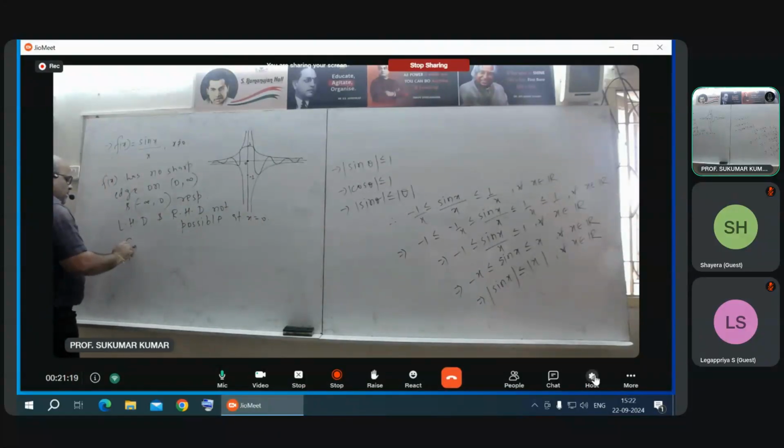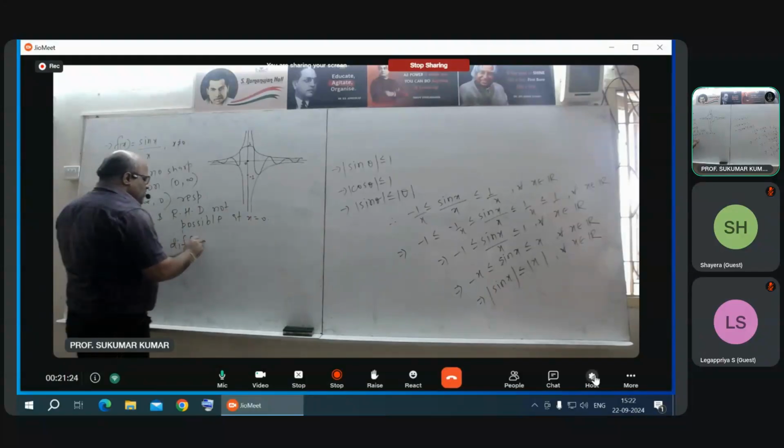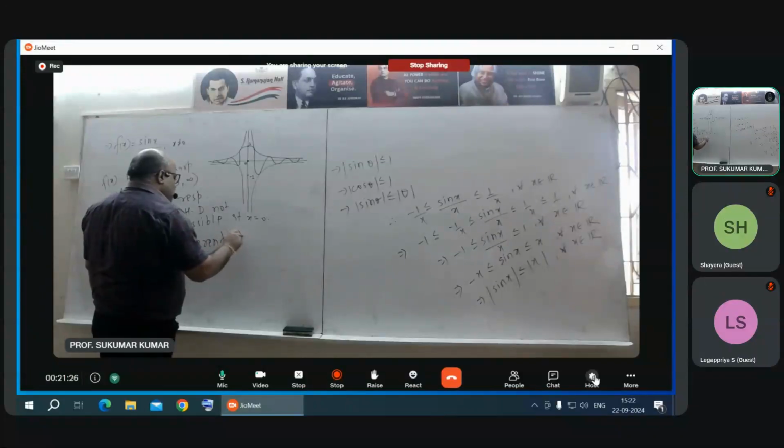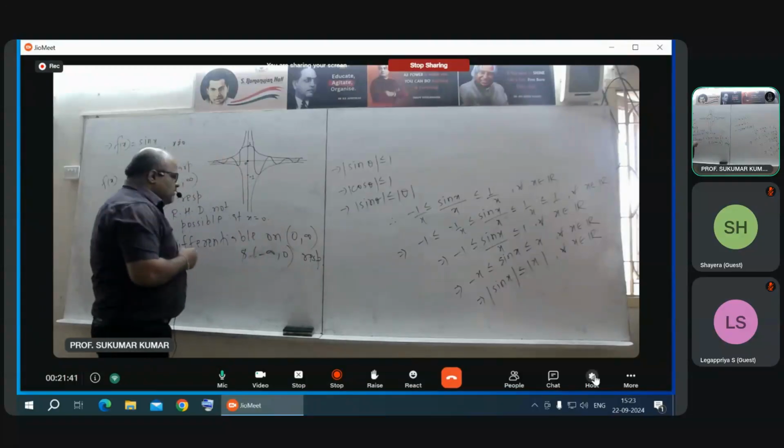So here we will write f of x is differentiable on 0 to infinity, 0 closed can't be put, and minus infinity to 0, respectively. Right.